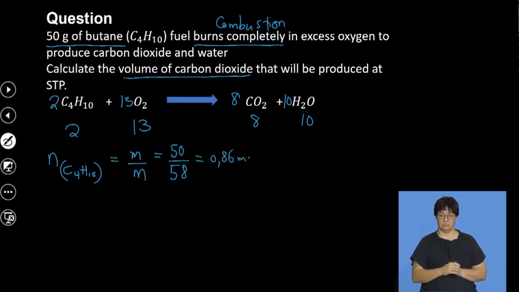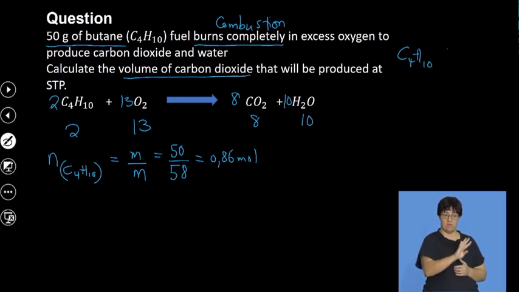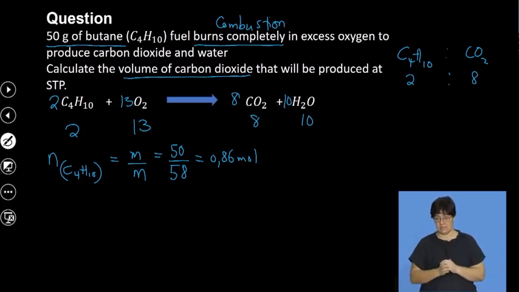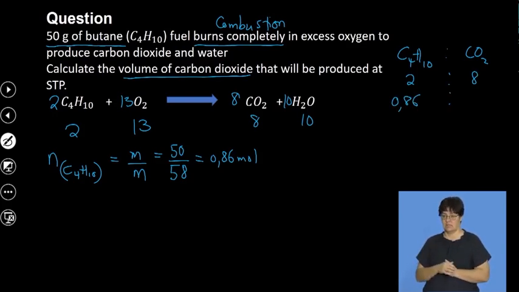0.86 mole. Now we want the volume of carbon dioxide. So 2 moles of butane produce 8. The ratio of C4H10 to carbon dioxide is 2:8. So if we've got 0.86, it will give us 4 times that.